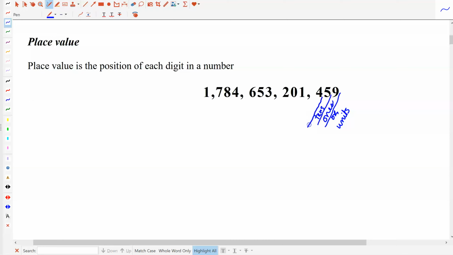The next position after that is our hundreds. Moving over again, the fourth position from the right is the thousands.